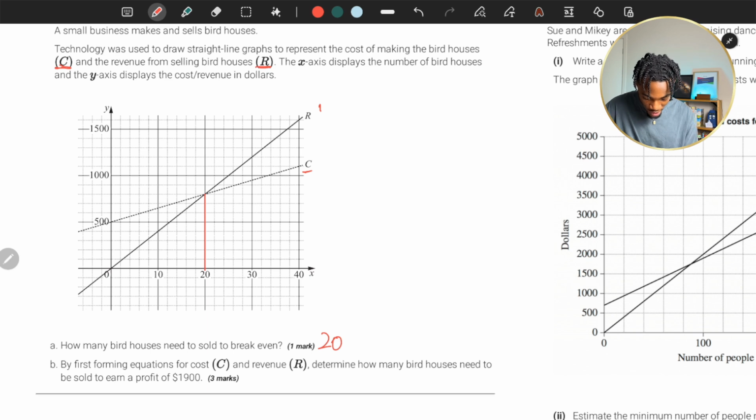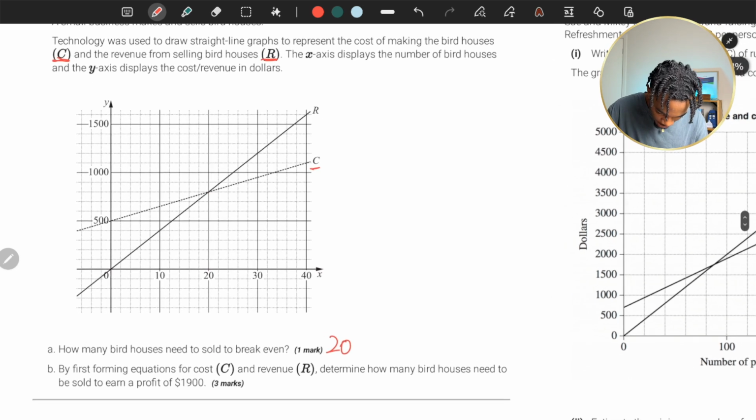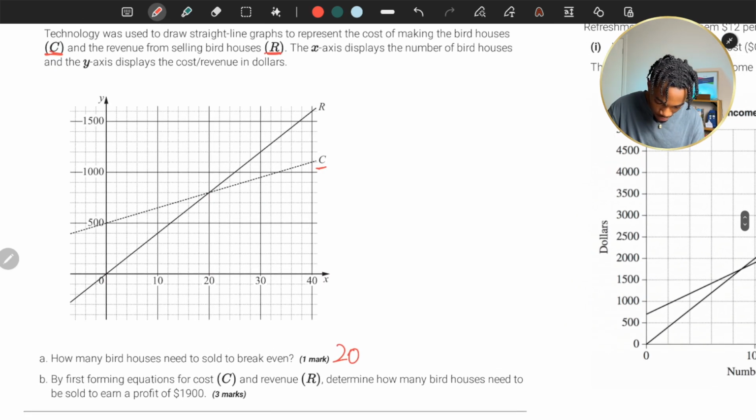By first forming equations for cost and revenue, determine the number of birdhouses that need to be sold to earn a profit of $1,900. So our equation for revenue, if you remember from before: the gradient is going to be rise over run, so it goes up 800 over, goes across 20.